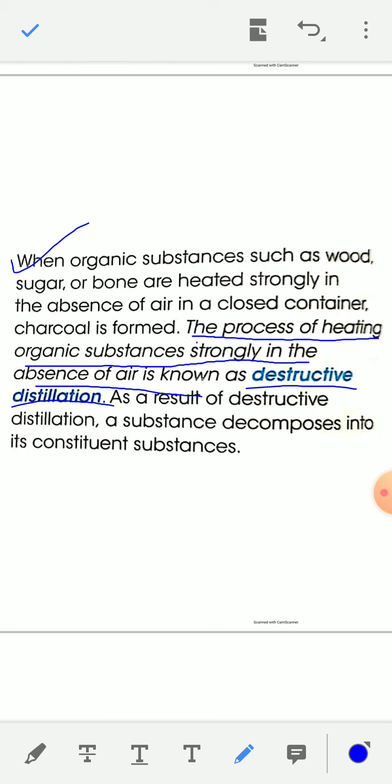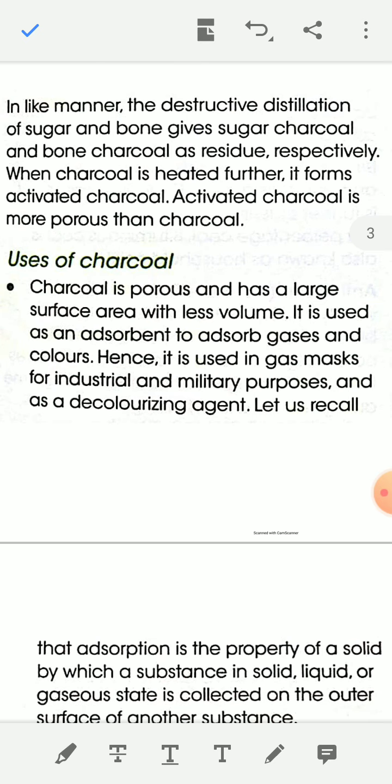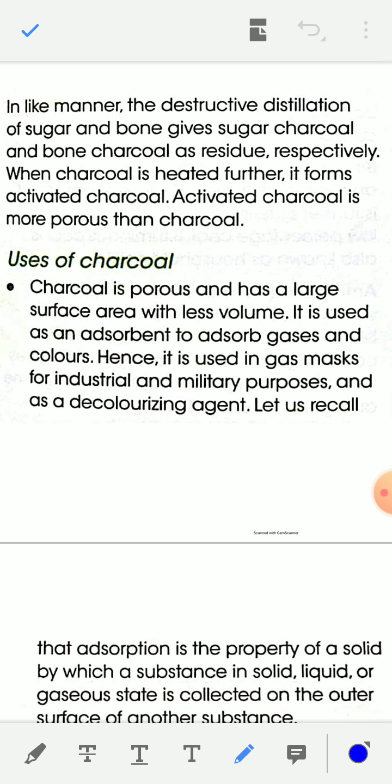As a result of destructive distillation, a substance decomposes into its constituent substances. The destructive distillation of sugar gives sugar charcoal, and destructive distillation of bone gives bone charcoal.